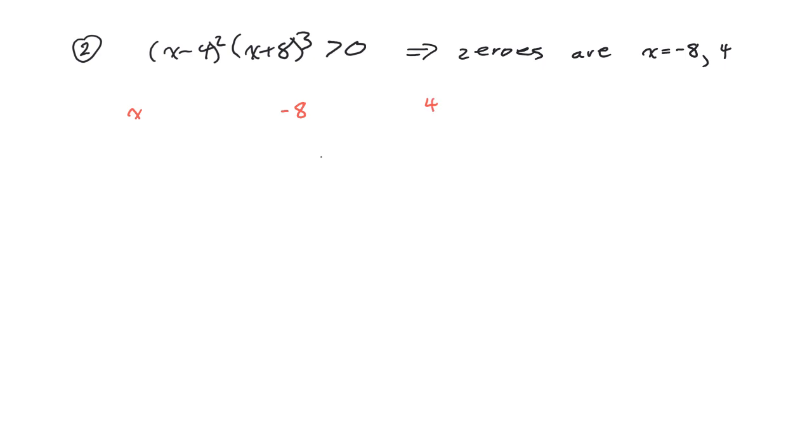And then before 8, we have the interval from negative 8 down to negative infinity. And then between negative 8 and 4 is negative 8 to 4. And then above 4 is going to be 4 to infinity.